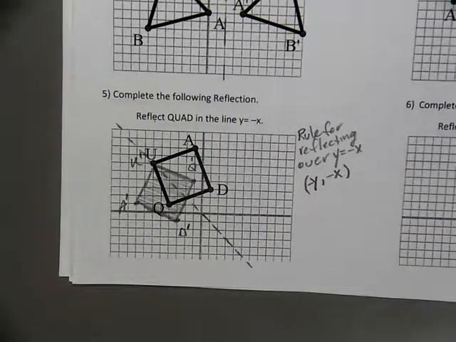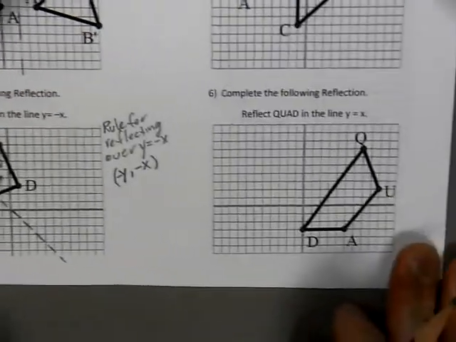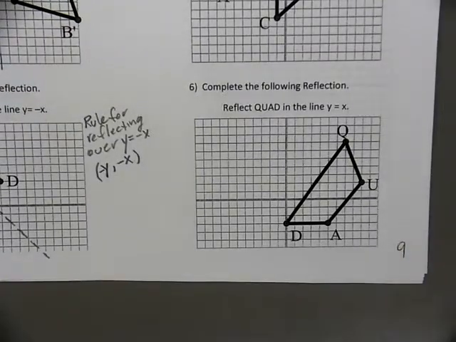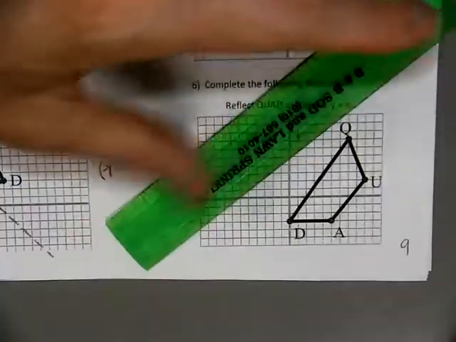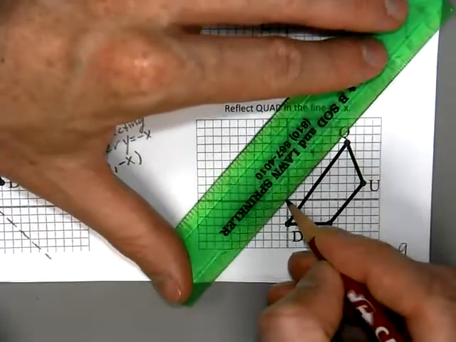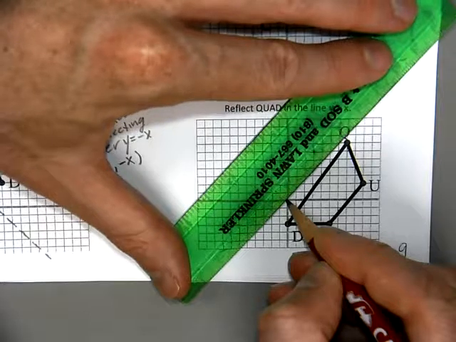That reflects it over y equals negative x. Here, we're going to reflect over the line y equals x, so that is a positive slope.